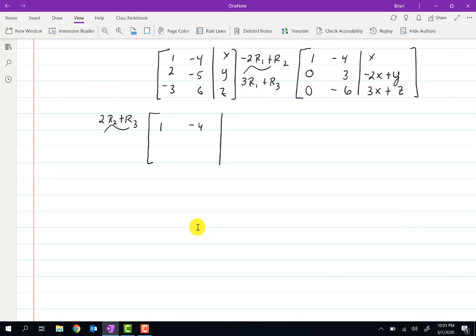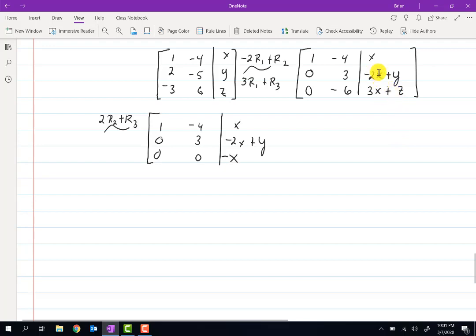The first row is unaffected. The second row is unaffected. For the third row, we'll zero out those. And in the last column, I have to take twice this, so negative 4x plus 2y, plus 3x plus z. Negative 4x plus 3x will be negative x.